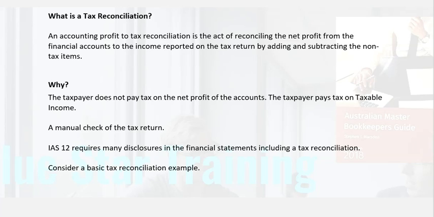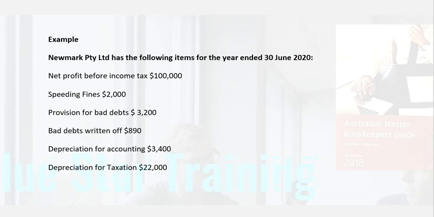Now let's have a look at a basic tax reconciliation example. We have Newmark Proprietary Limited, an Australian company that has the following items for the year ended 30 June 2020. We have net profit before income tax of $100,000.